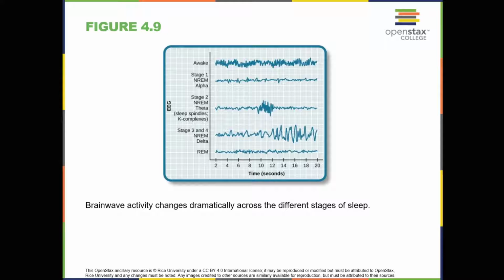As an individual continues through Stage 1 sleep, there's an increase in theta wave activity. Theta waves are even lower frequency, higher amplitude brainwaves than alpha waves. It's relatively easy to wake someone from Stage 1 sleep. In fact, people often report that they haven't even been asleep if they're awoken during Stage 1 sleep.